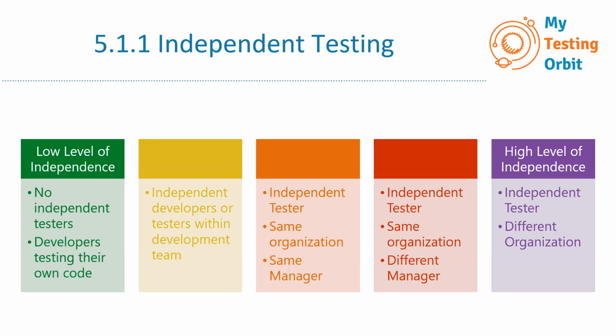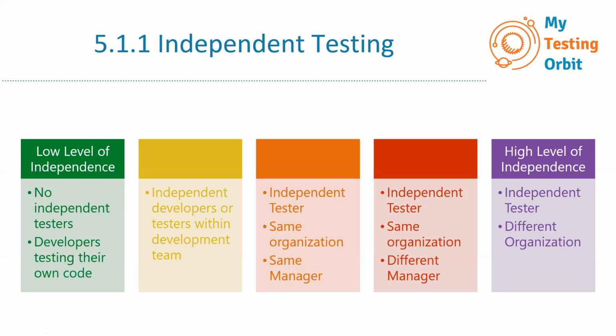So though it is giving you some level of independence, but not entirely, because if the manager is the same and has to manage different kinds of things, like maybe the delivery of the project and also testing of the project, then there will be various factors which will affect the way the manager is planning everything.